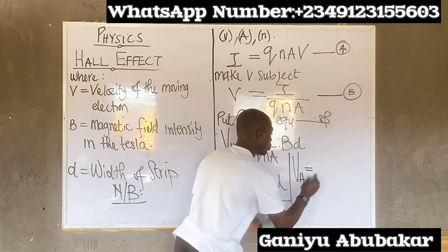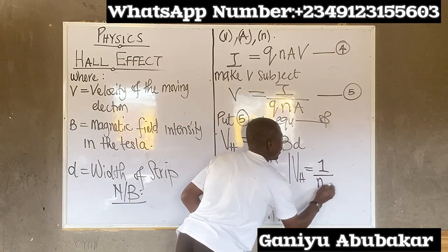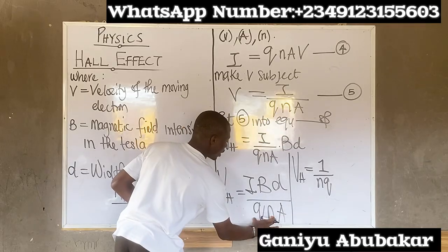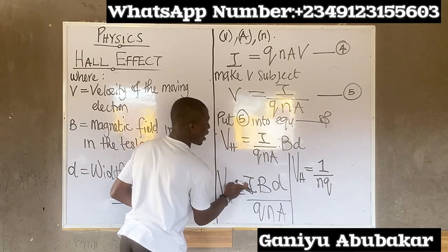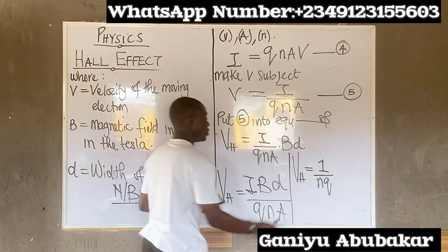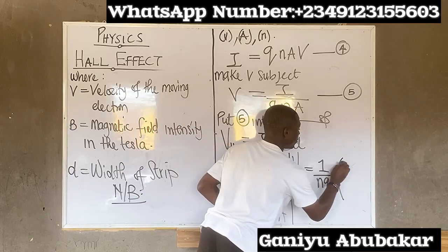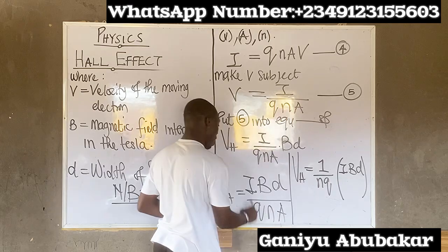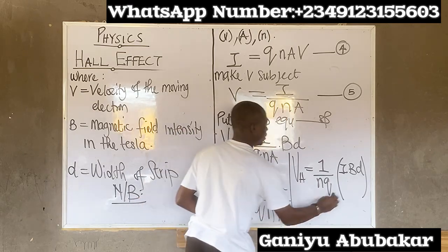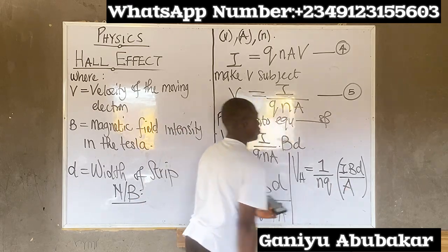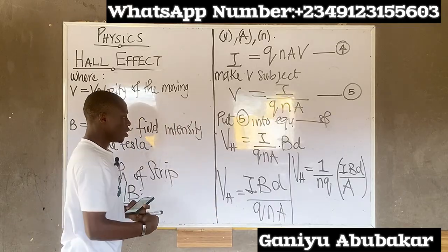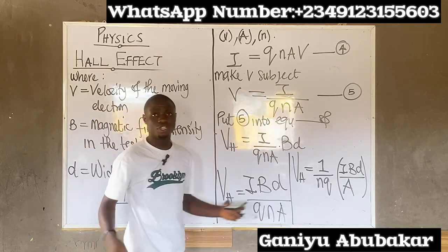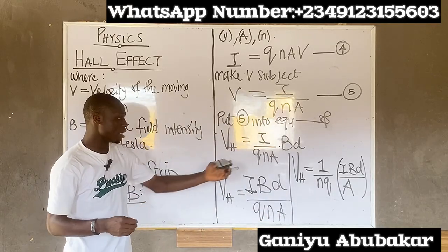This gives you VH is equal to 1 over NQ, bring that NQ this way, I'll have IBD over A in brackets here. IBD, then I have A down this way. So this is how you express the Hall voltage formula.